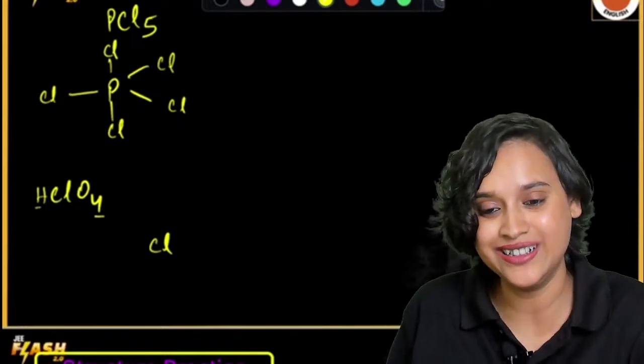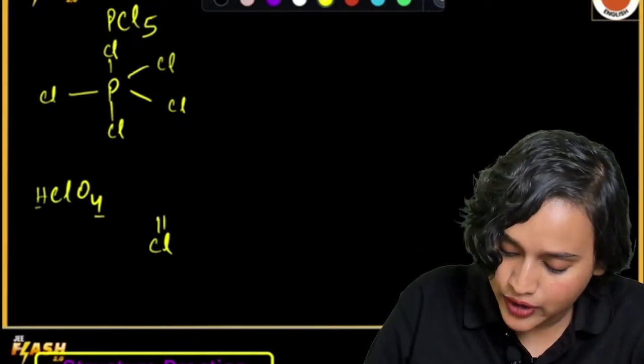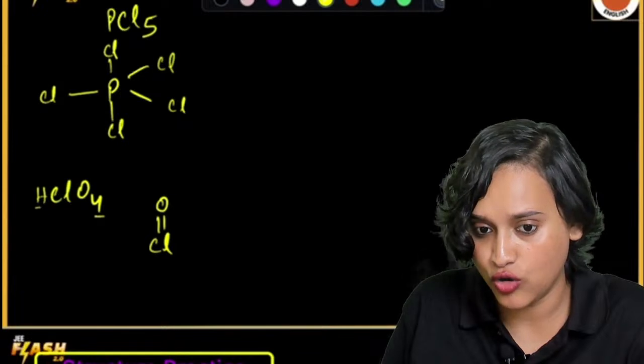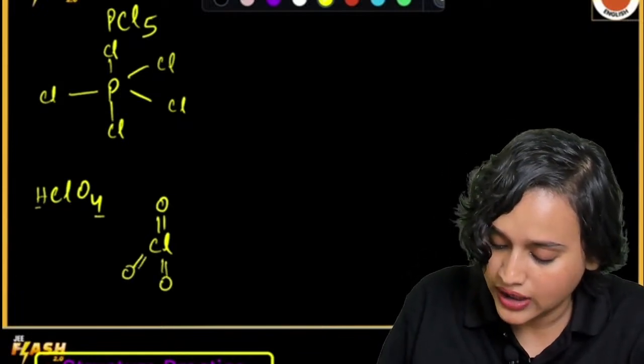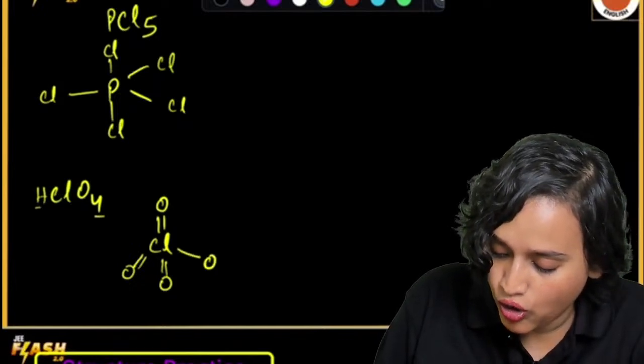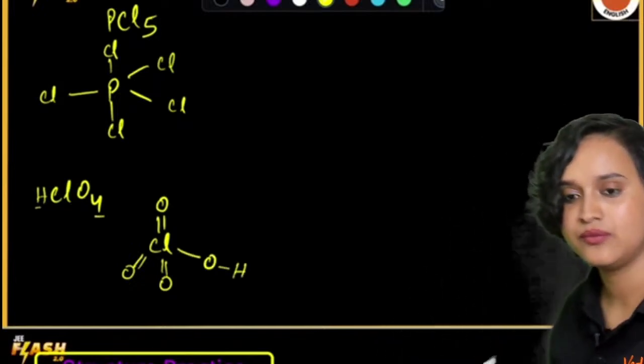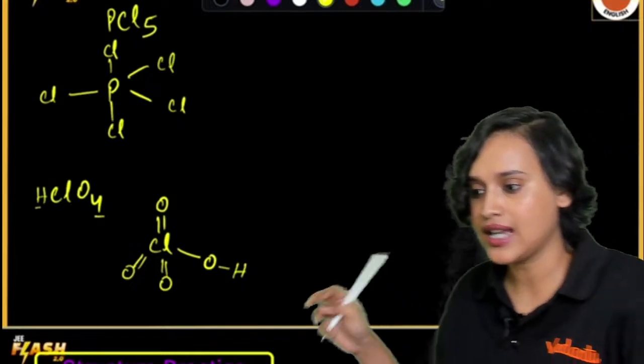See here, double bond O here, then double bond O here, double bond O here, single bond O and H. Does that make sense?